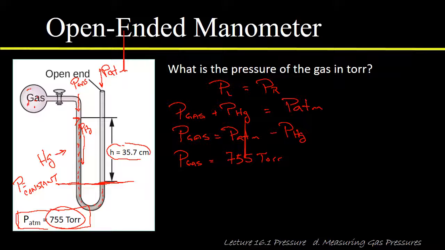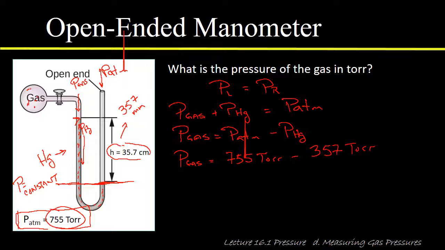And I'm not going to write out all of the dimensional analysis, but if there are 10 millimeters in a centimeter, then this height is 357 millimeters. Okay, so that means that the pressure of the mercury column is 357 millimeters of mercury, and of course millimeters of mercury is the same as torr. So the pressure of the mercury column is 357 torr.